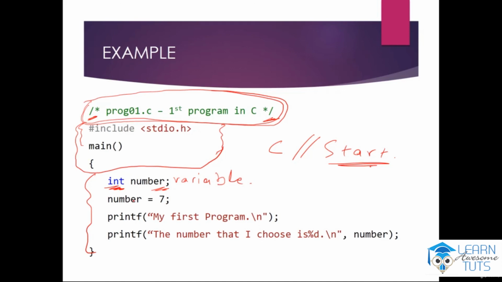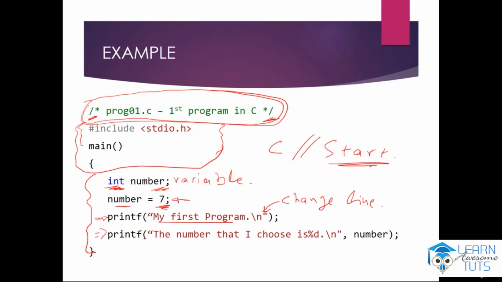So this means that we have a variable with the name number, and that will have values in an integer data type. Then we are going to give a value to our variable number. The value is 7, and then we want to print this message to my screen. So it will print the message my first program. This means that we will change line. So print this message and change line.